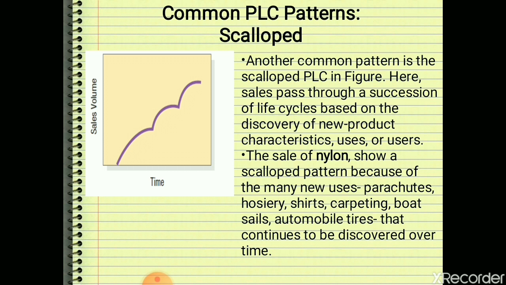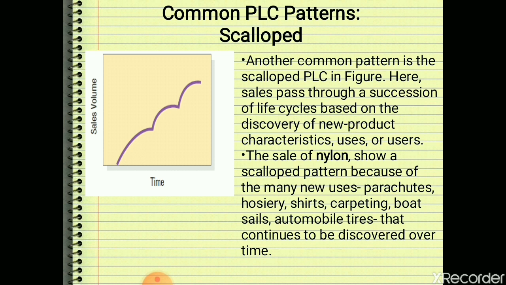Then another is the scalloped product life cycle pattern. The scalloped pattern is observed in products for which new developments and new uses are discovered. Here the sales pass through a succession of life cycles based on the discovery of new product characteristics, uses and new users.